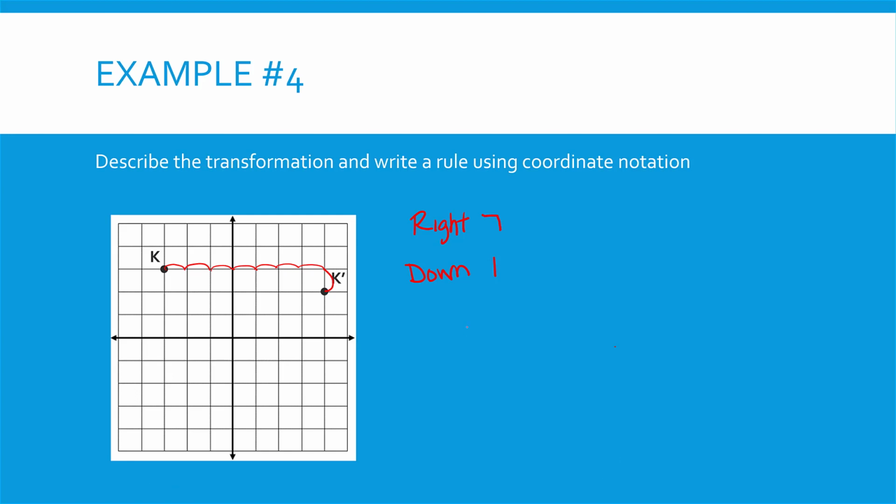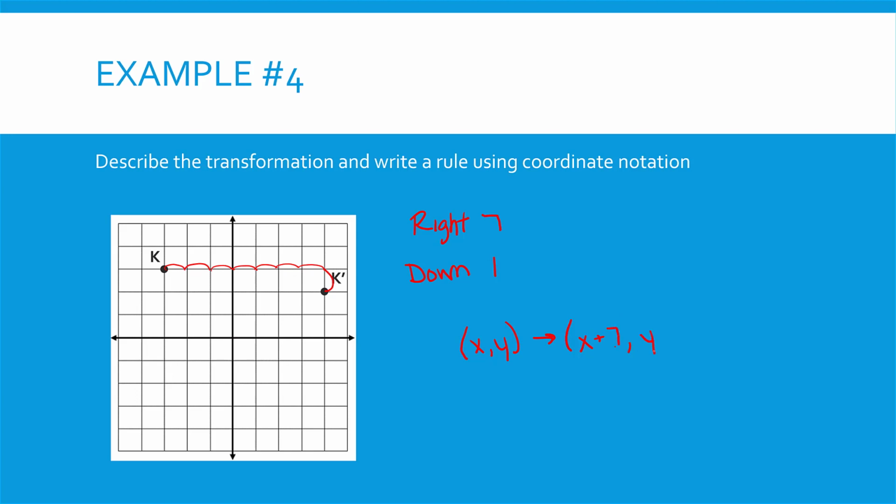Your rule always starts off x, comma, y, and then the arrow pointing to the right. Now we need to say x. Well, the x-axis, remember, is right and left. So to go right 7, right would be a plus sign, and then 7.